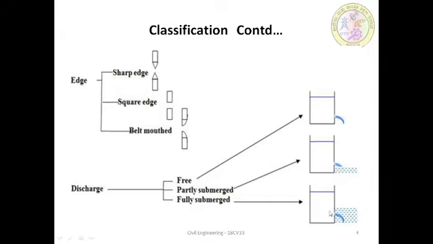And for the next one, you can see that the water level on the right side is above the level of the orifice, so that one is fully submerged. Like that the classifications of the orifices are made.